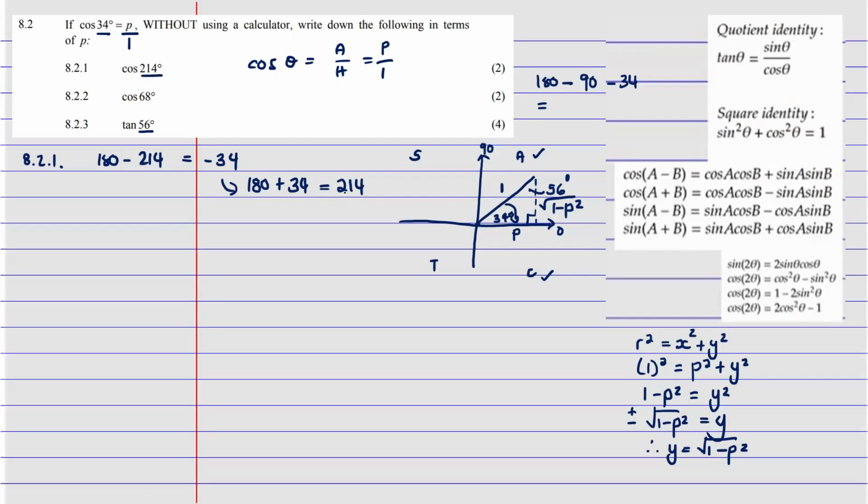Do you see that I can replace this 214 by 180 plus 34, which is great? Does that make sense? Yes, ma'am. So I'm going to say cos of 214 is going to be replaced by cos of 180 plus 34.